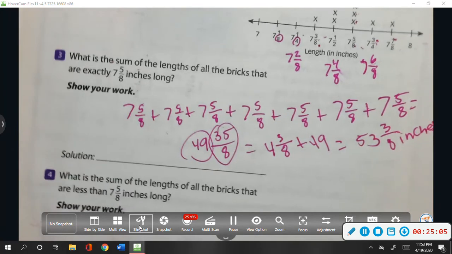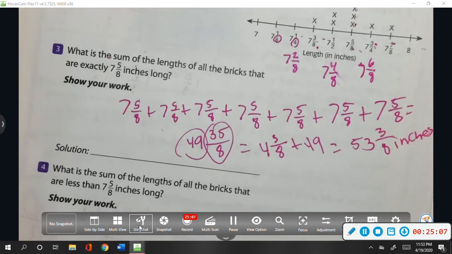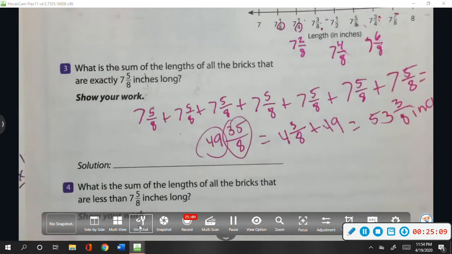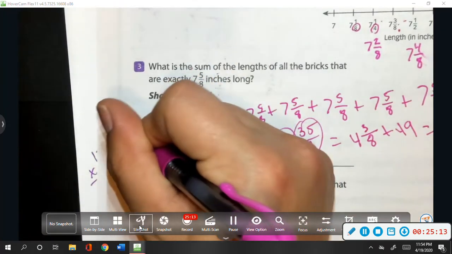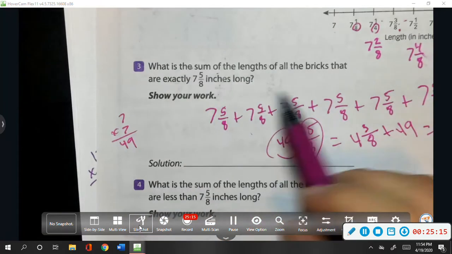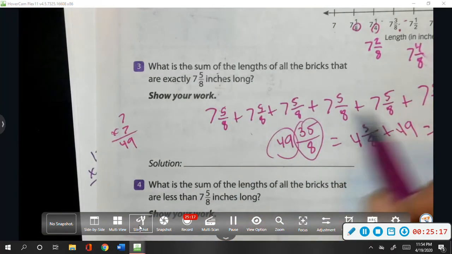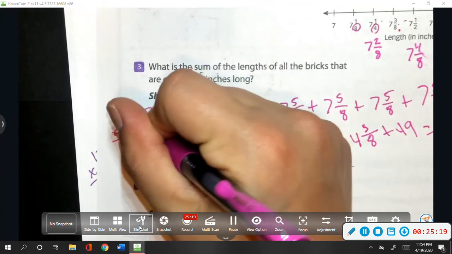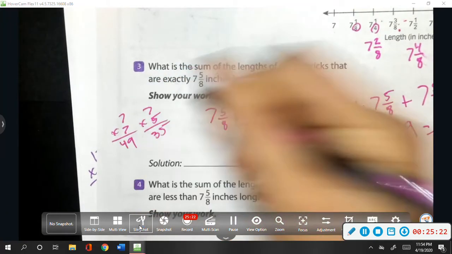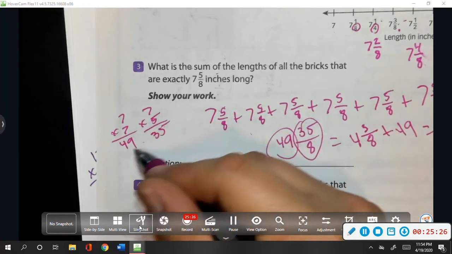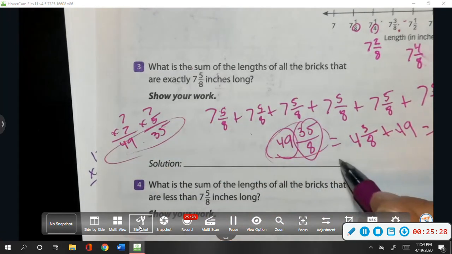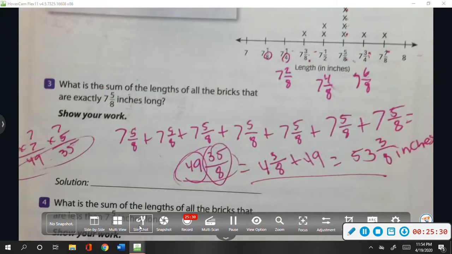Plural, because there's more than one. You could have done it this way, or you could have done, alright, I had 7, so 7 times 7 is 49. I had 7 5s, 7 times 5 is 35. And then you could have put those together and then done that same bottom step.